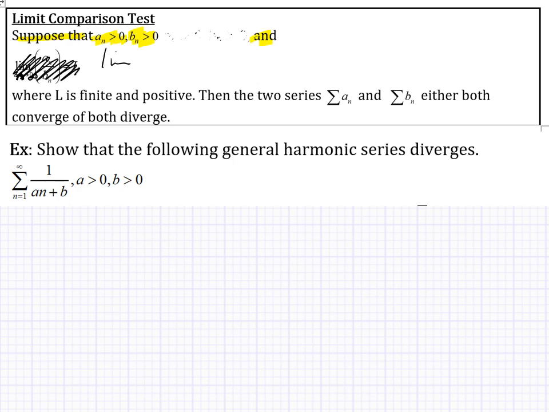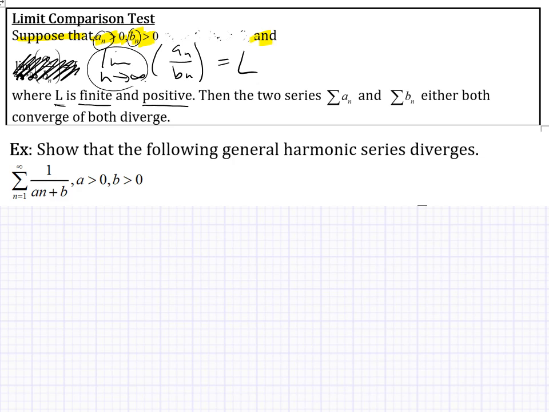The limit as n goes to infinity of a sub n over b sub n equals L, where L is a finite positive number. So it says, take a sub n and take b sub n and divide them, and then do the limit of that quotient as n goes to infinity.